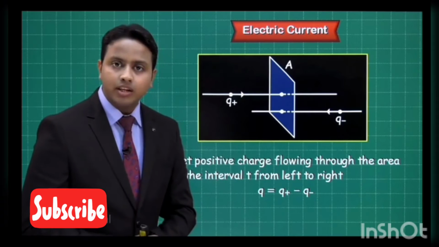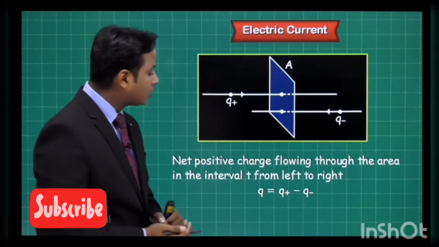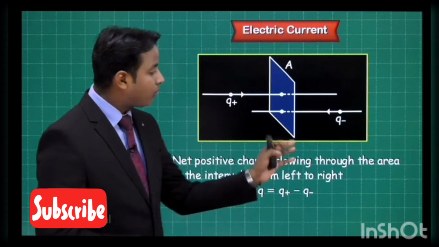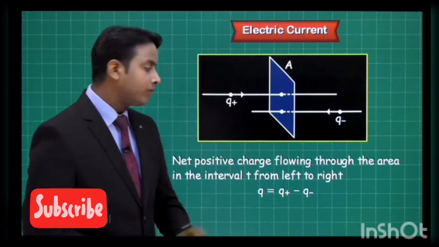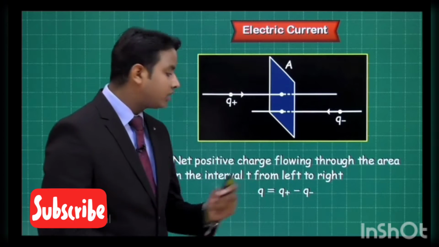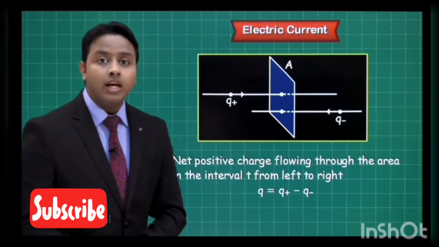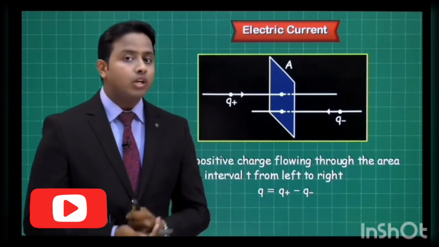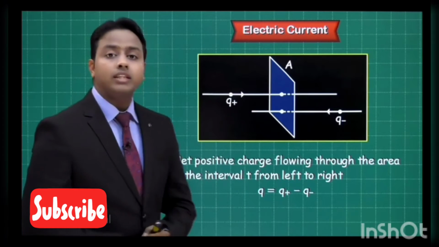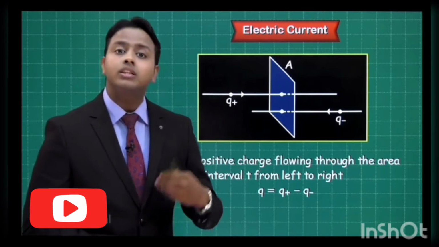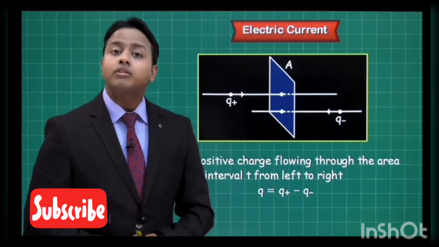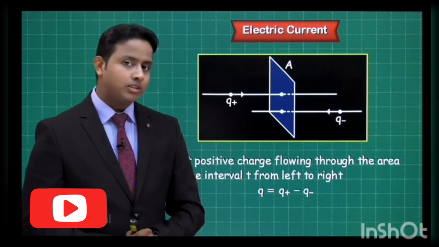So if I want to write out the net positive charge flowing through the area in the interval t from left to right, then Q is equal to Q positive minus Q negative. Why is there a negative in front of Q negative? Because Q negative would be negative charge, and since the flow of negative charge in one direction is equal to the flow of positive charge in the opposite direction, I have taken this expression. So Q is equal to Q positive minus Q negative. I hope this is very clear to you.